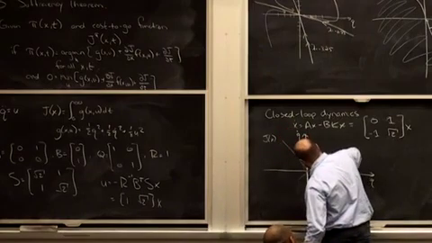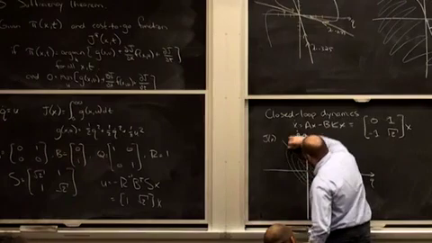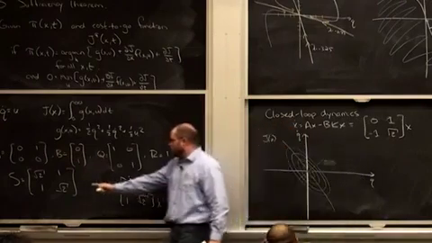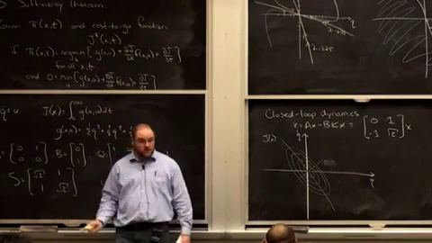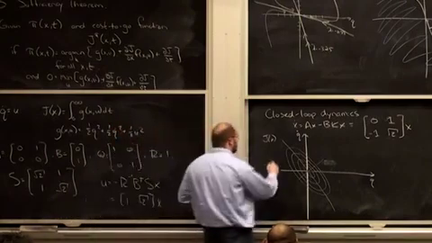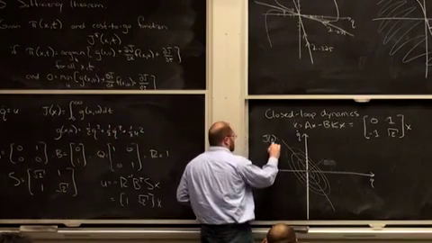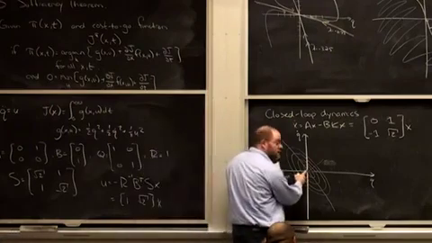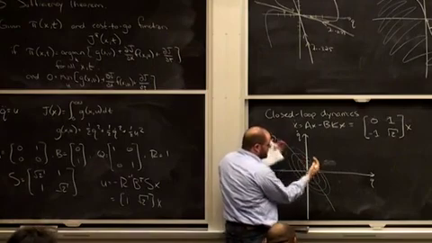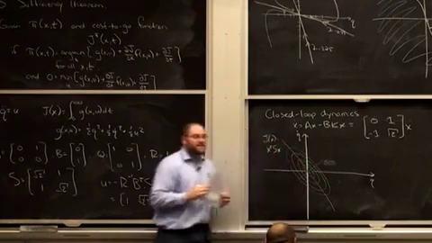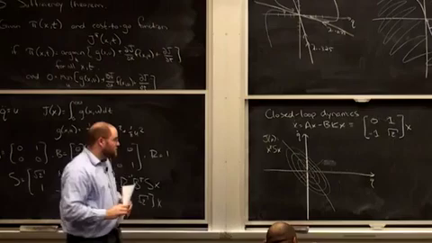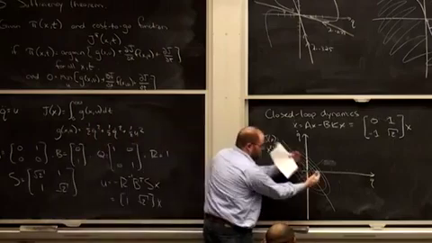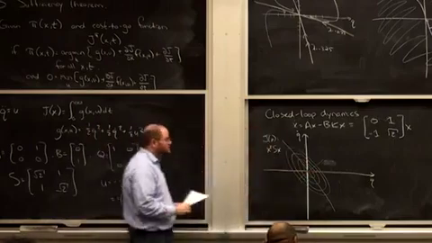If I draw contours of that function, then my cost to go is 0 here, and it's a bowl that comes up in this sort of elliptic bowl.